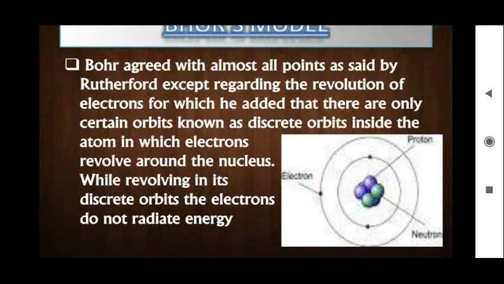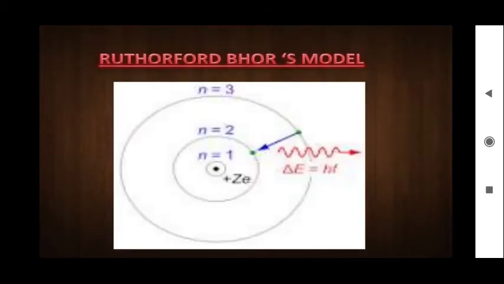Bohr accepted all the points said by Rutherford except regarding the revolution of the electrons, for which he added that there are only certain orbits, known as discrete orbits, inside the atom in which electrons can revolve around the nucleus. While revolving in its discrete orbits, the electrons will not radiate or lose energy, hence the atom will not collapse. So this is the Rutherford-Bohr model, where the central nucleus is there and the electrons will not liberate any energy.